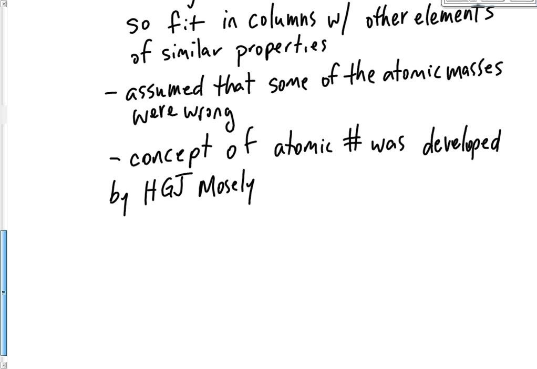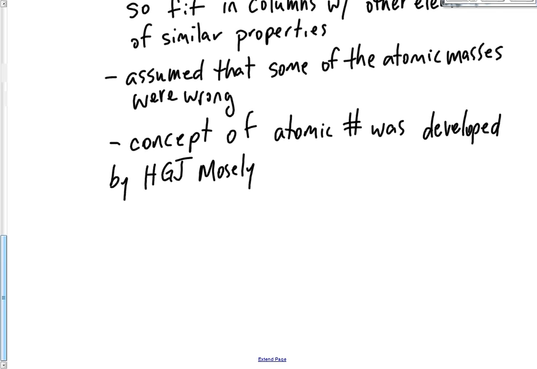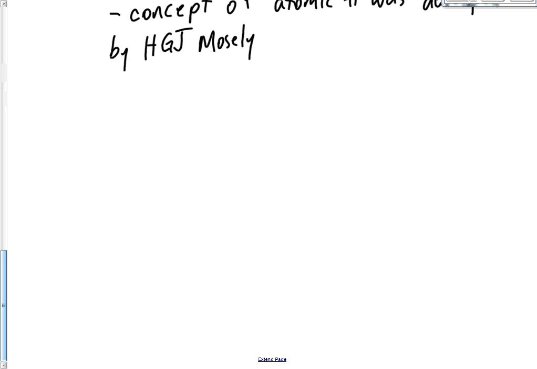Okay, and then once they came up with the atomic number, they found out that that's the number of protons in the nucleus, all that good stuff. They were able to put that in numerical order and basically prove that Mendeleev was correct in putting these elements in order based on their properties. And we've used that ever since.